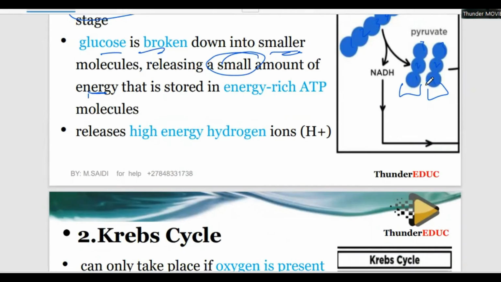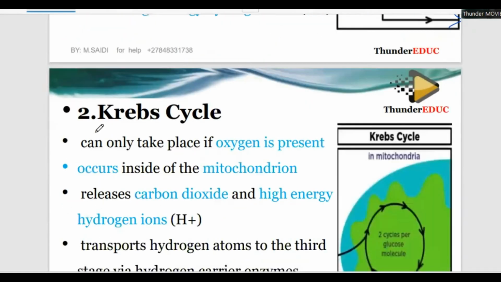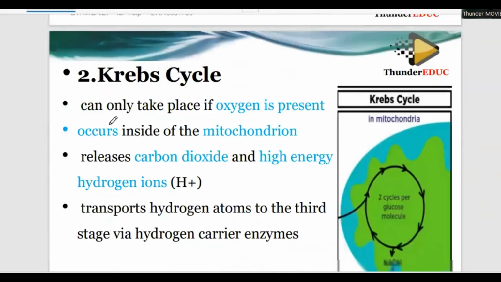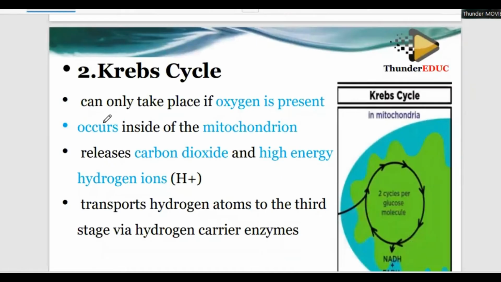If you look at this structure, it shows that the pyruvate and the NADH enter the Krebs cycle. These arrows show that it enters the Krebs cycle. The Krebs cycle can only take place in the presence of oxygen. Oxygen must be present.